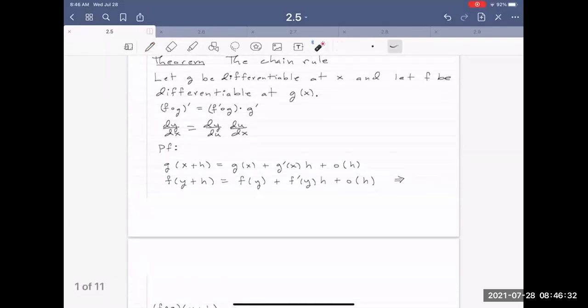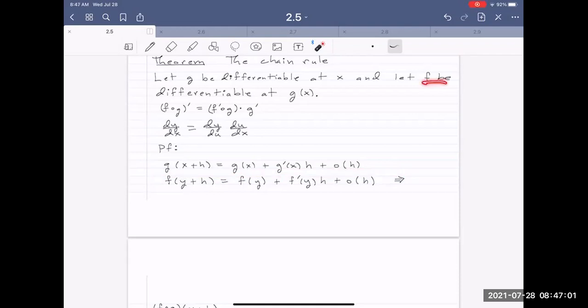Since g is differentiable at x, there exists some number g prime of x such that g of x plus h is equal to g of x plus g prime at x times h plus little o of h.